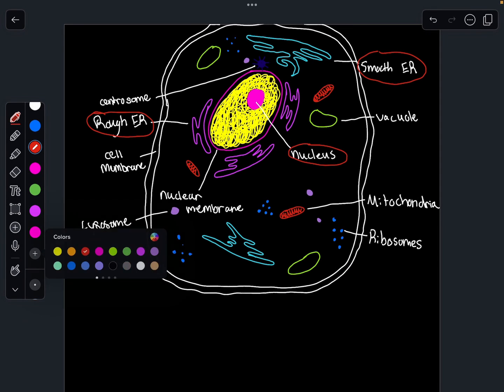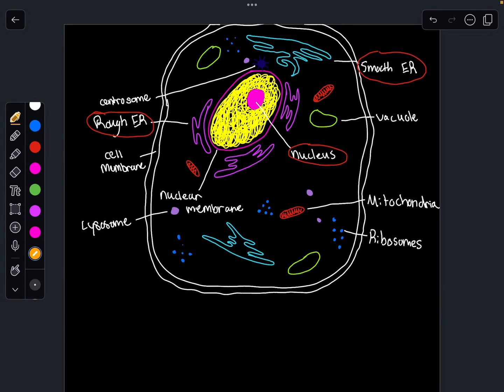Gotta look up a picture so I can do this real quick. It's not gonna be in the right place, but it's alright. Golgi. We're just gonna put app because I don't got enough space.